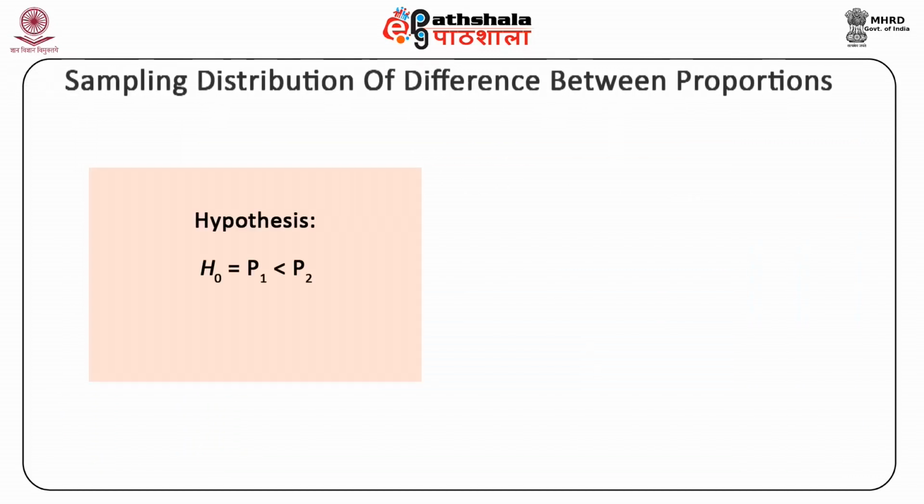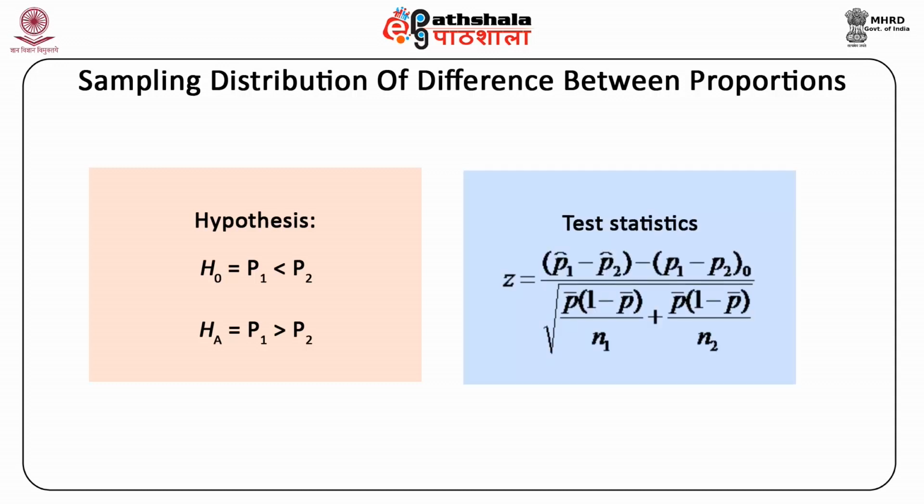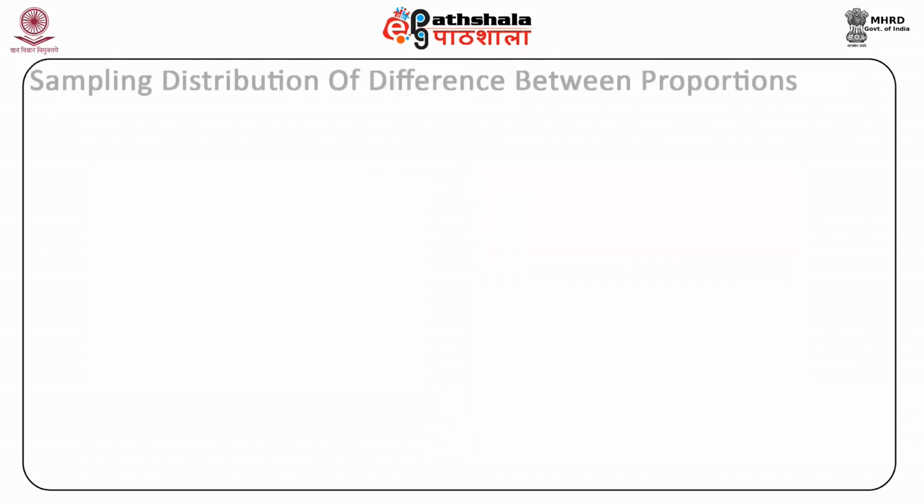Moving on to the hypothesis, we have H0: P1 less than P2, H1: P1 greater than P2, and the test statistic Z is calculated as Z = (P1 hat minus P2 hat minus (P1 minus P2) naught) upon the square root of P bar into (1 minus P bar) upon N1 plus P bar into (1 minus P bar) upon N2.